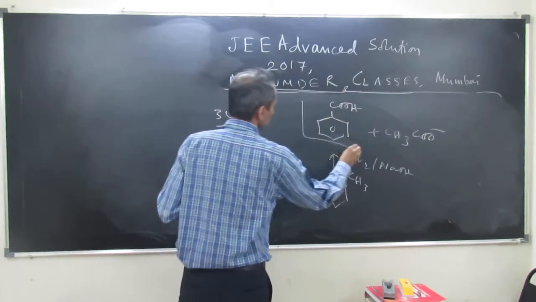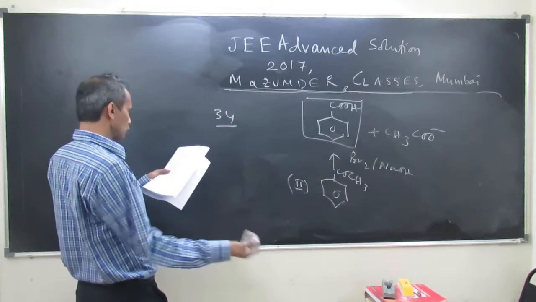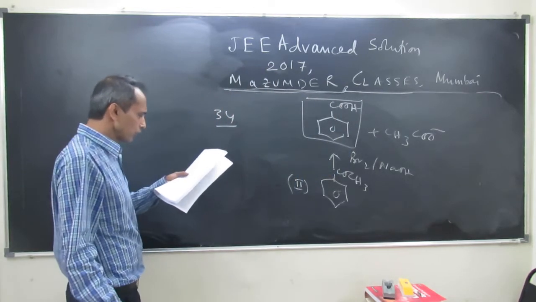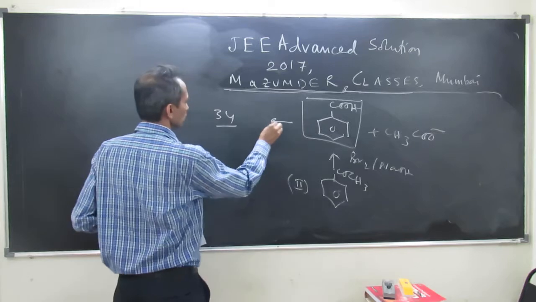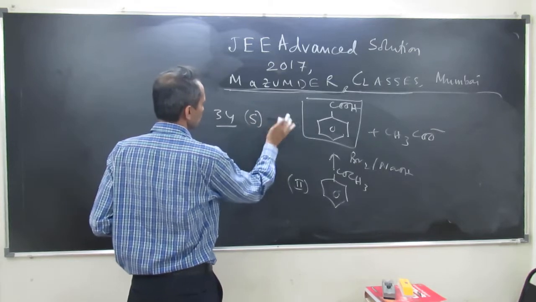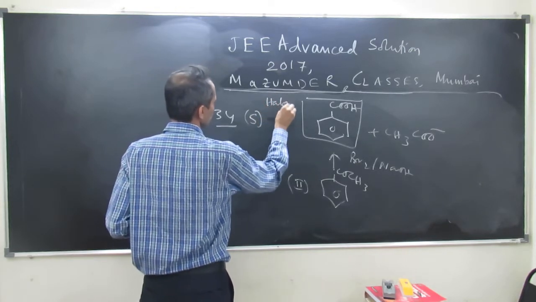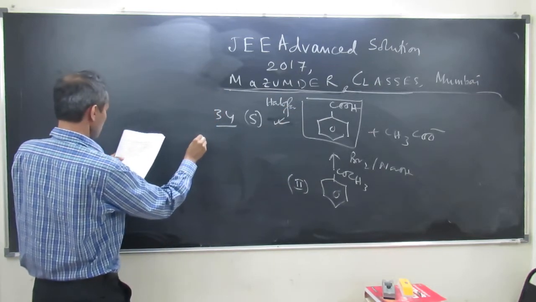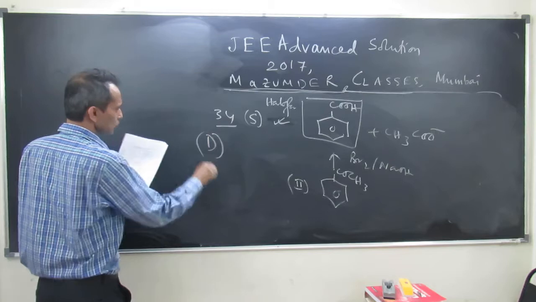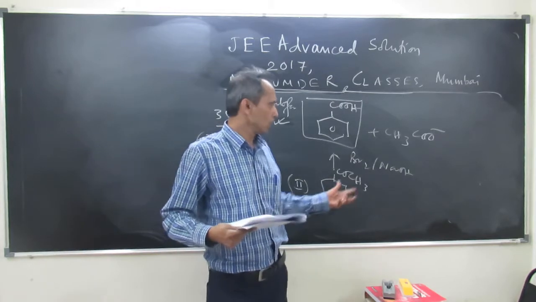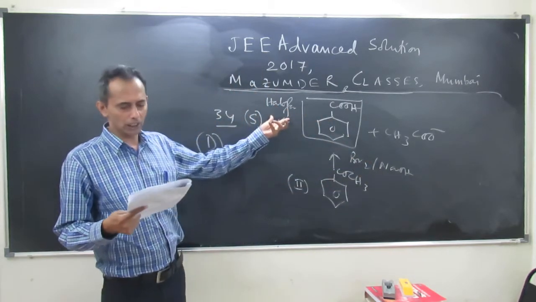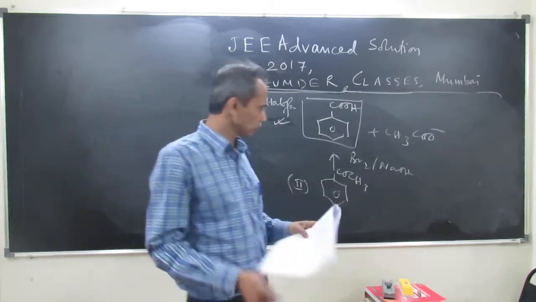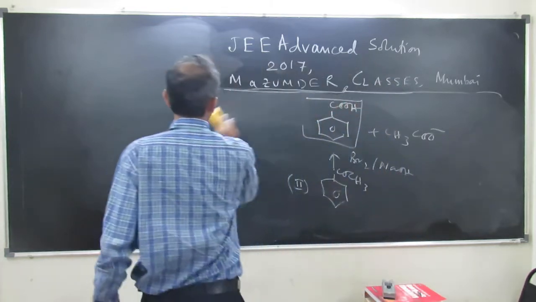So therefore, yes, you get benzoic acid. It is a haloform reaction, and in column 3, there is a haloform, so it is S, basically the haloform reaction. So quite naturally, your answer for 34 will be D. That is the combination of acetophenone, bromine in base, and the haloform reaction. That is the answer. Next, question number 35.